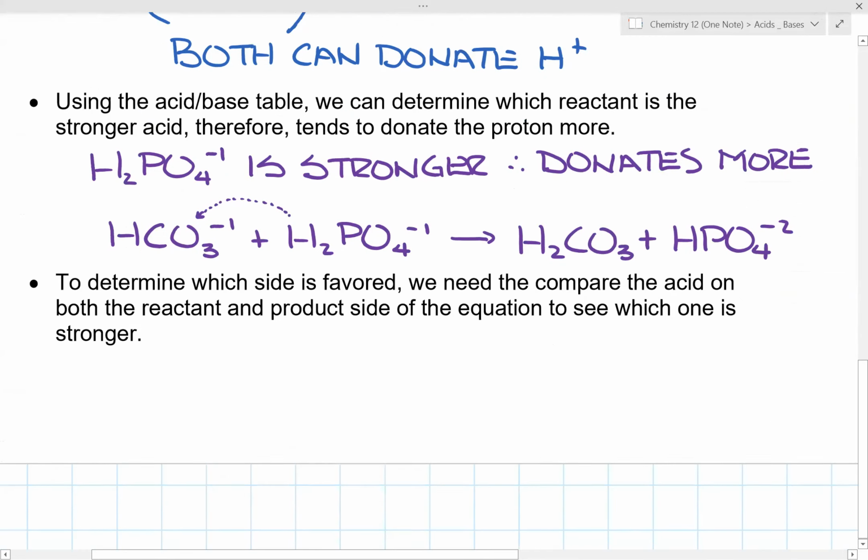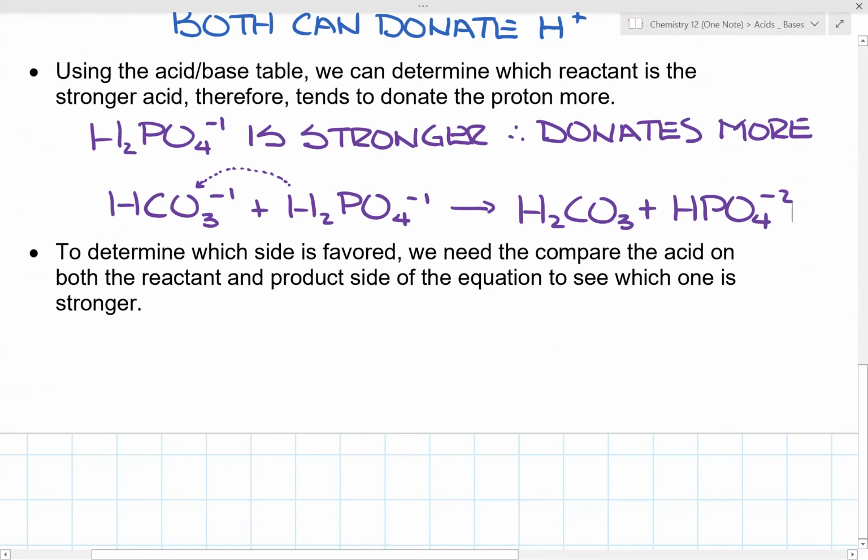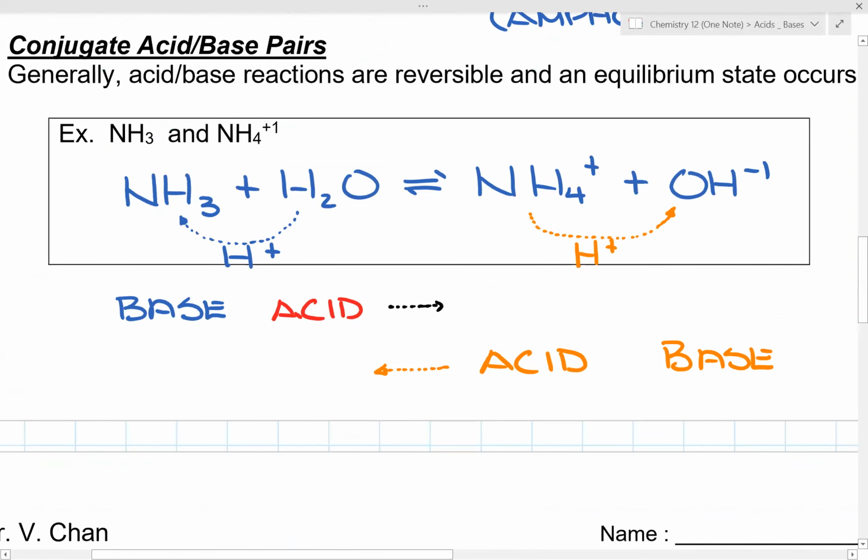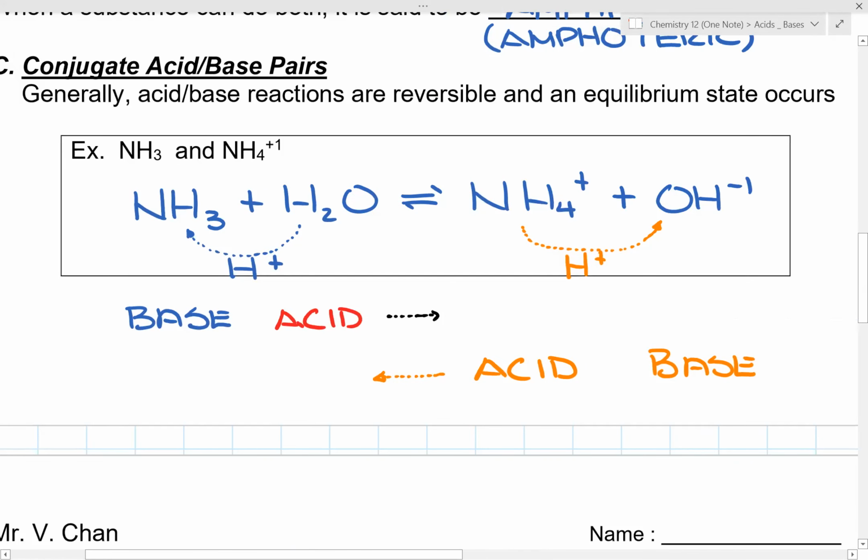Now, we also have to take a look to determine which side is favored. We need to compare the acid on both the reactant and the product side of the equation to see which one is stronger. Now, recall back to last day. We said that there's always going to be two acids and two bases. An acid for the forward direction and an acid for the reverse equation. Same idea here.